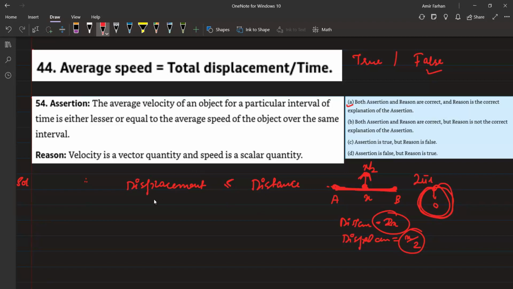That's why this condition is there. If you divide displacement by total time, and distance by total time, isn't it average velocity and average speed?